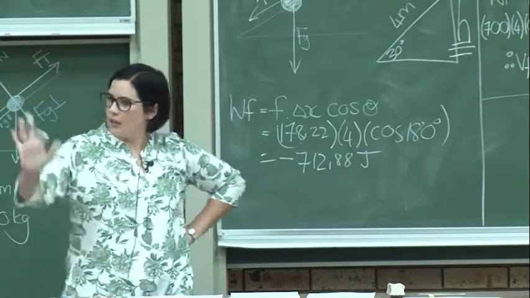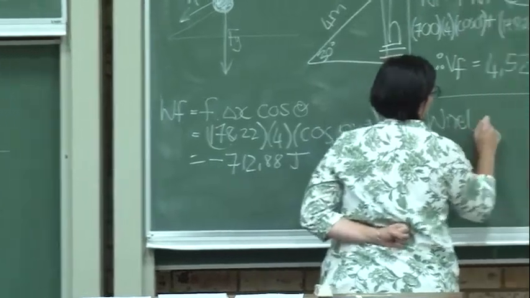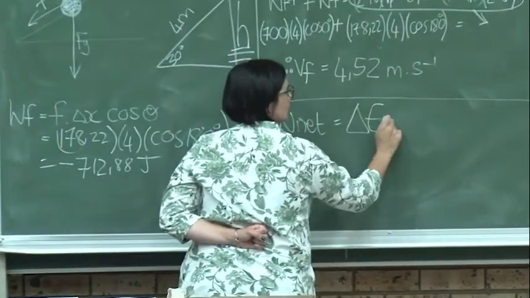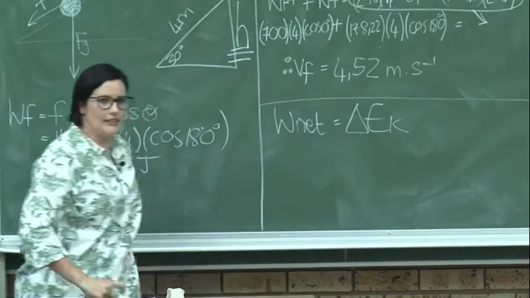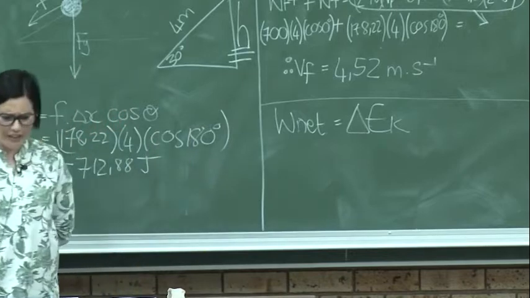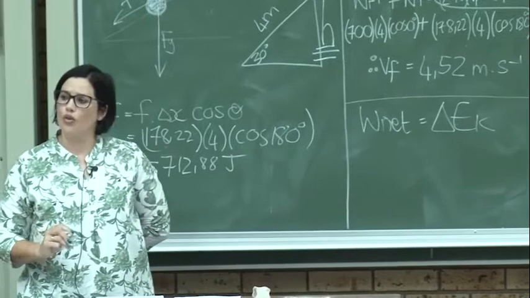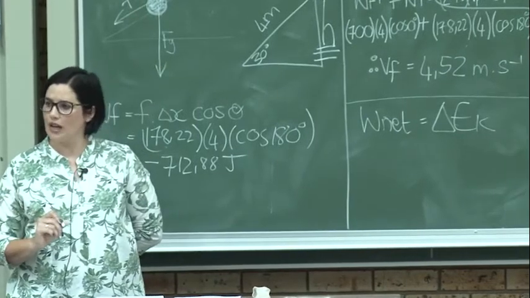You don't need it. We can just go with W net. This would have been my first option though, because I'm slightly lazy. So I don't have to do that many calculations here. But now, I need to consider what? I cannot ignore the work done by the gravitational force now.